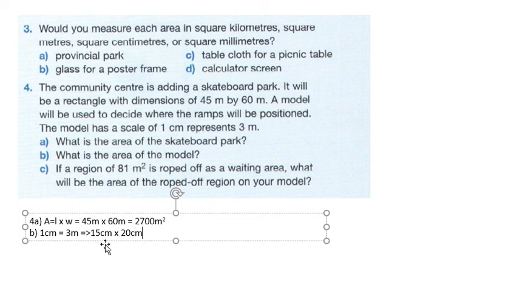So if every centimeter here represents 3 meters, 15 times 3 is 45. And then 20 times 3 is 60. So now our area for the model would be 15 centimeters times 20 centimeters, which is 300 centimeters squared.